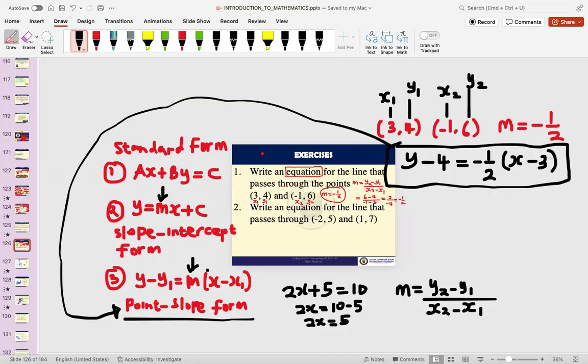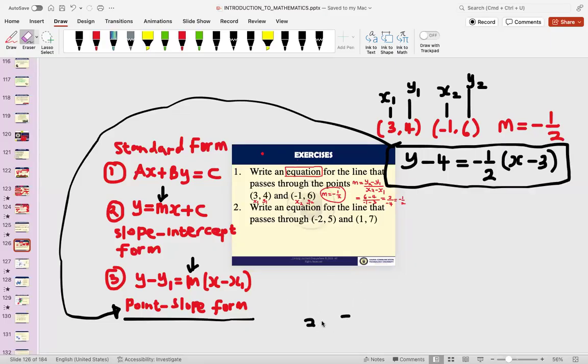If the question says that, okay, no problem, now change your answer to the slope intercept form, what do you do? Because there can be a follow-up question like that, that after getting your point slope form, change the equation to the slope intercept form, meaning work around to make sure that y is standing on the left-hand side alone, and then x is also standing on the right-hand side alone with m and c.